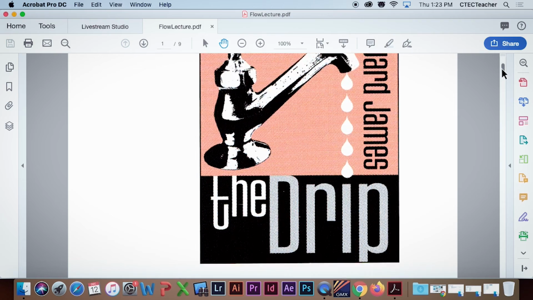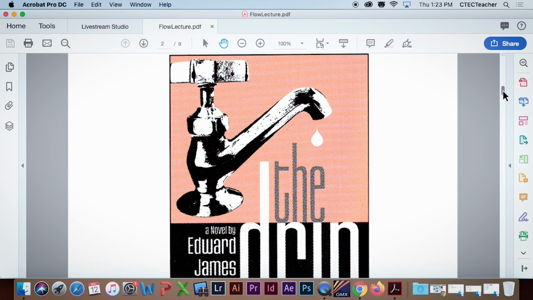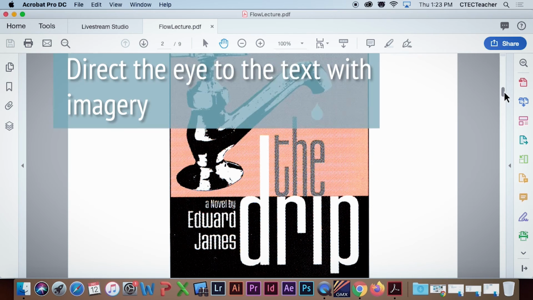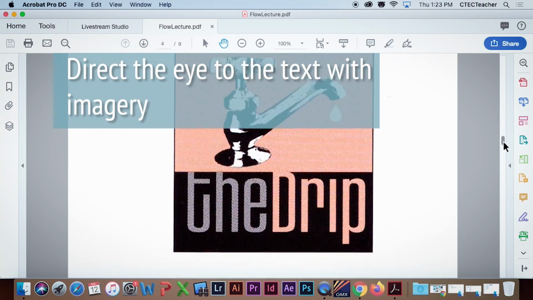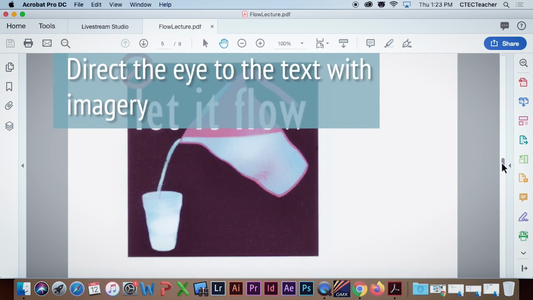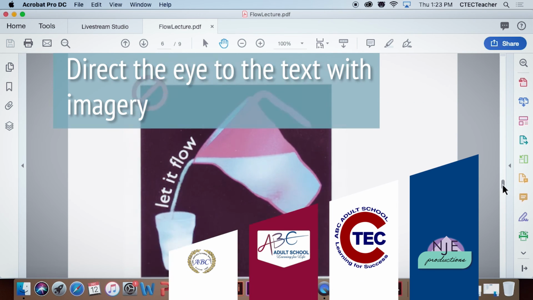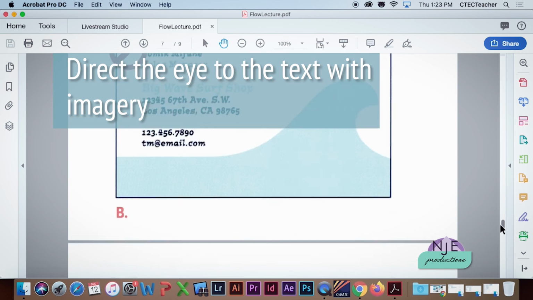And then what are the other key points there? Use the direction of the image to lead the viewer to do what to the text? Read the text. So we're having it flow with the text. The image is moving with the text in the same direction as the text. Pointing the image towards the text.